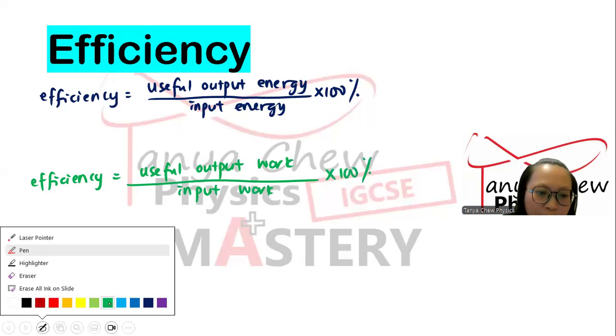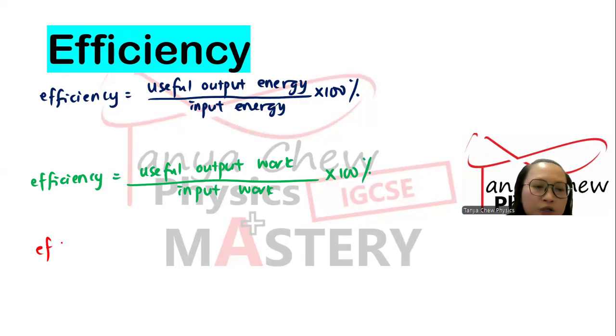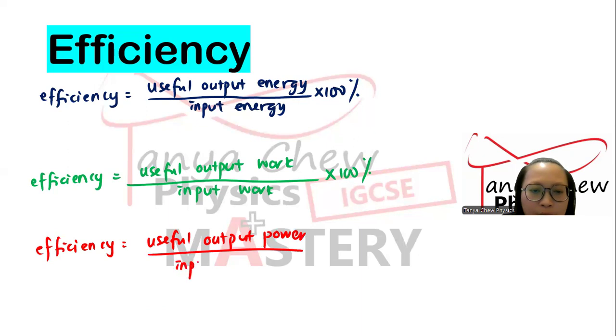If you are not given work, doesn't matter, just use efficiency equals useful output power over input power multiplied by 100%.